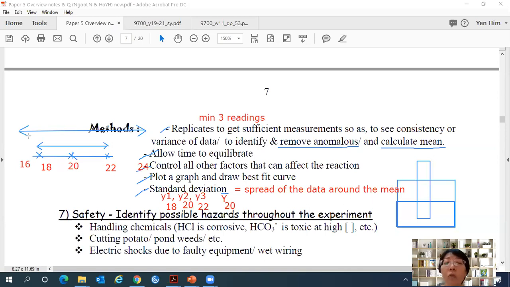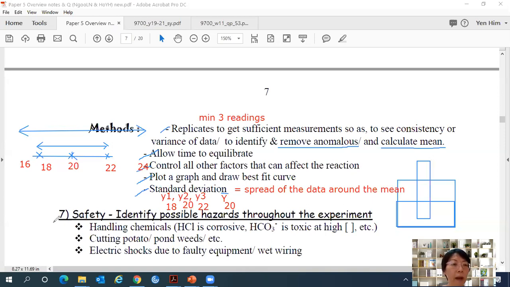That means not very near to 20. So repeatability is less, which means reliability is lower. So this is how you look at the reliability of a result, and to check reliability, you check the standard deviation.